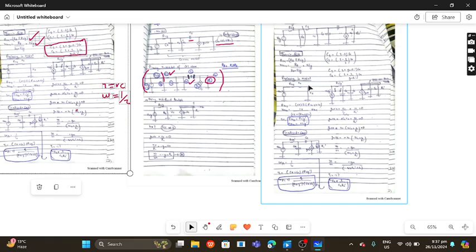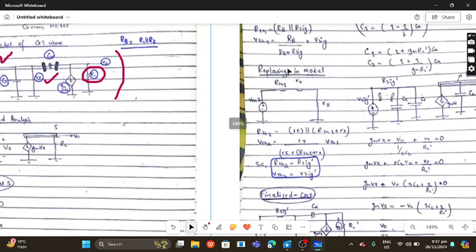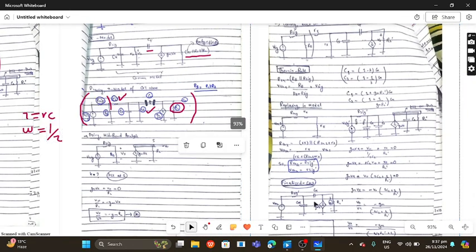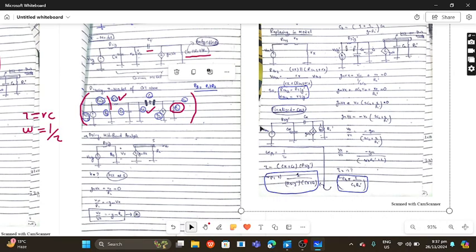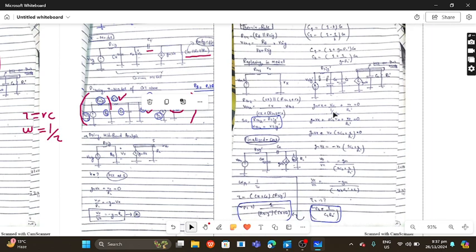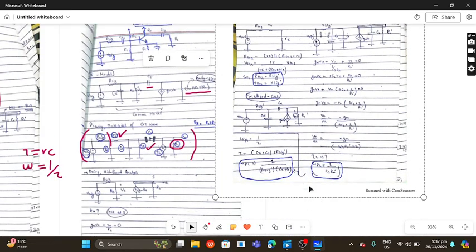Not too complicated. Just apply Thevenin very carefully and get this modified circuit, which I have written as the finalized circuit, and just apply KCL at one point and voltage divider at another point. I guess you will get your pole frequency.